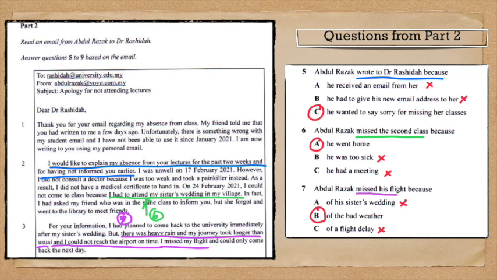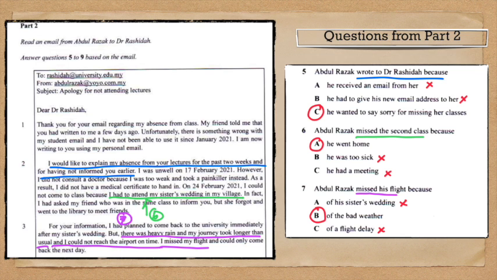So, where is the hint? Yeah, I missed my flight. Alright, because of what? Look at the sentence before the keyword: there was heavy rain and my journey took longer than usual.